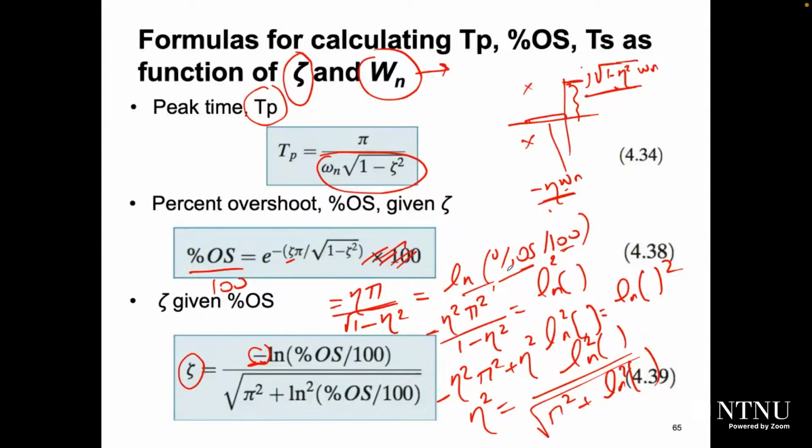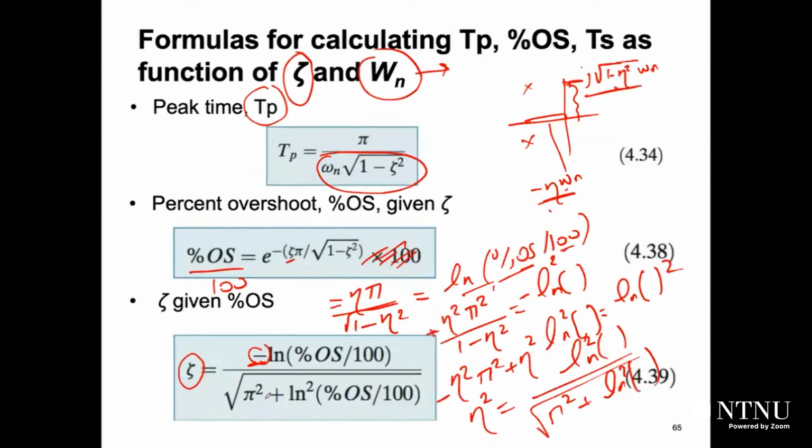It will be solved if we just multiply here by negative, so this one will be plus and this one will be negative. Anyway, we need to revise this one.